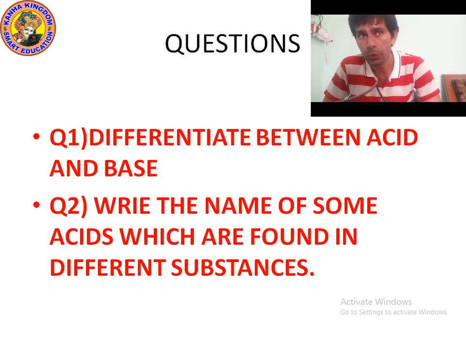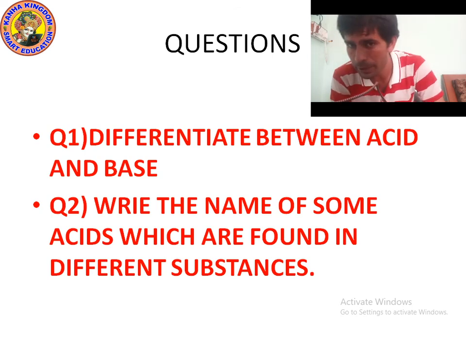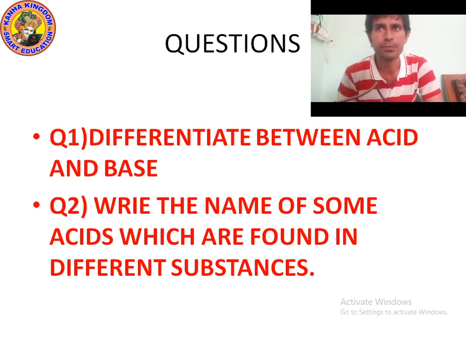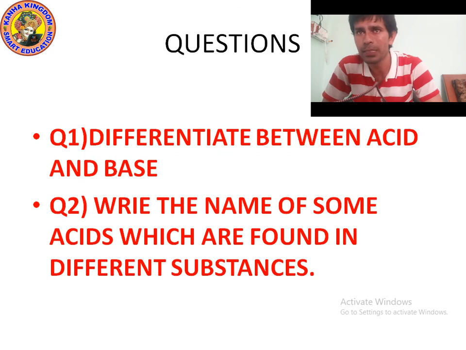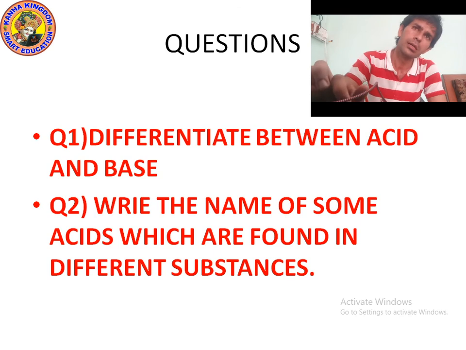Base produces OH minus ion, hydroxide ion. And water soluble bases are called alkalis. All alkalis are bases, but all the bases are not alkalis. Okay.